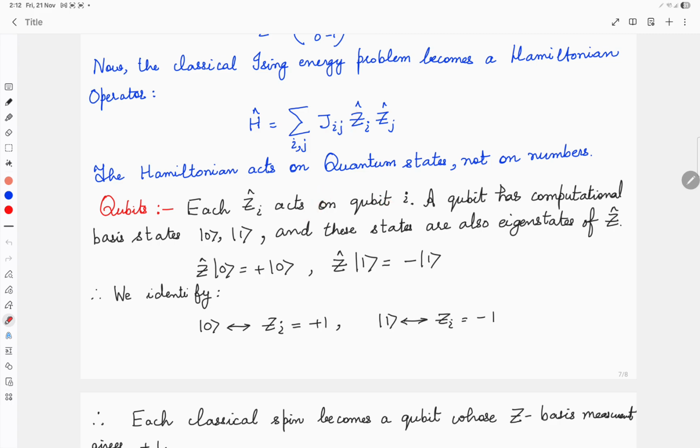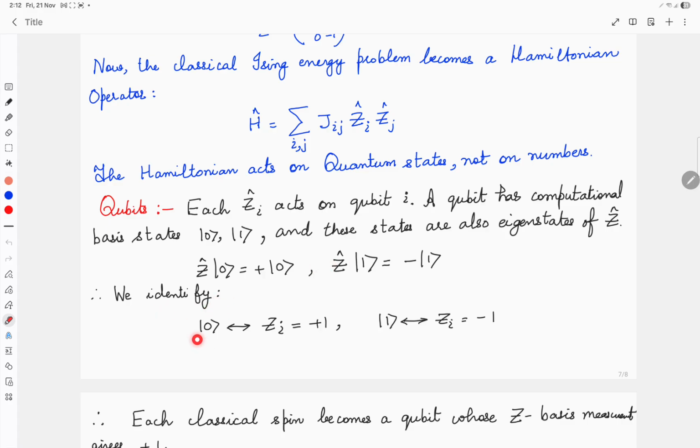A qubit has computational basis states ket0 and ket1, and these states are also the eigenstates of this Pauli Z operator. If the Pauli Z operator is acting on ket0, it gives plus ket0. If it is acting on ket1, it gives minus ket1. That's how the Pauli Z operator works.